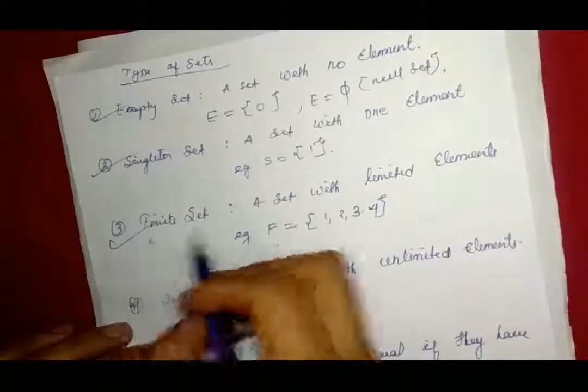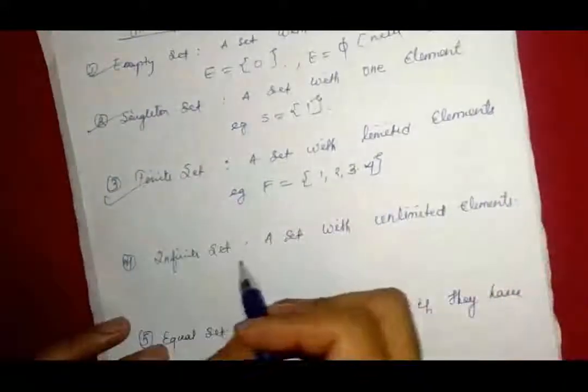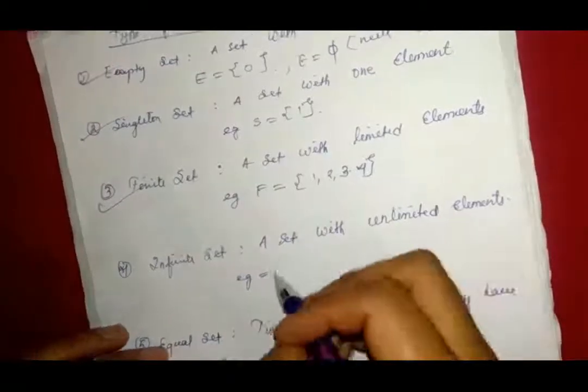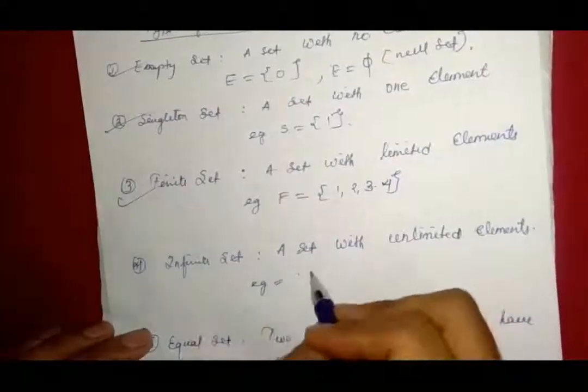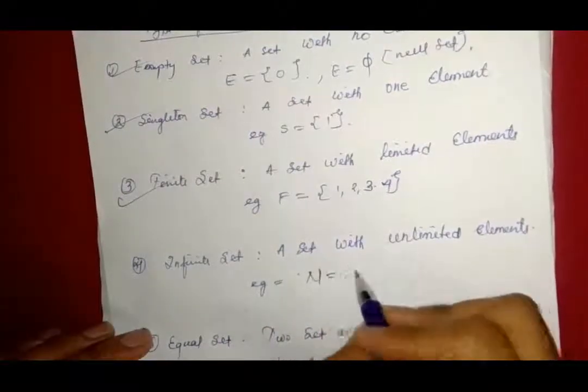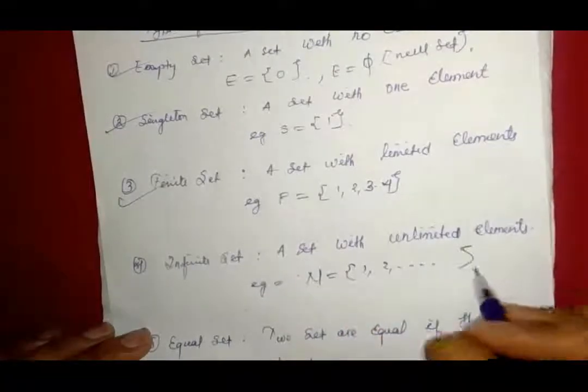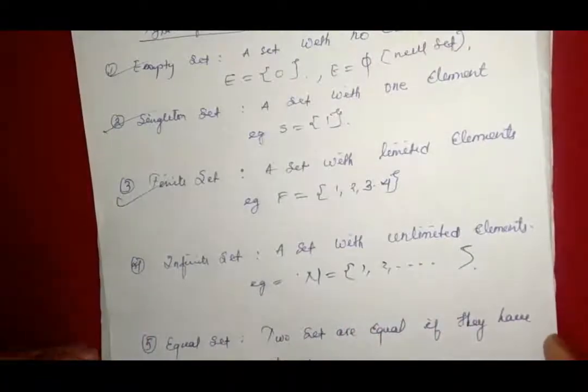These are examples of a finite set. And an infinite set means, for example, a set of natural numbers, that is 1, 2, and so on until infinity, which cannot be counted.